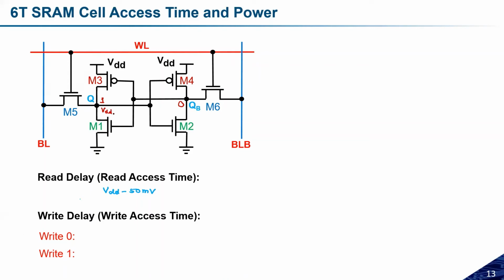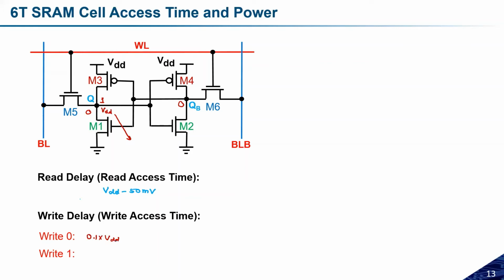So it is the time when this node Q reaches 10% of its initial value. Whatever the VDD was, we have to discharge this Q to make it logic 0. So the time taken to reach 10% of this VDD, that is 0.1 times VDD.